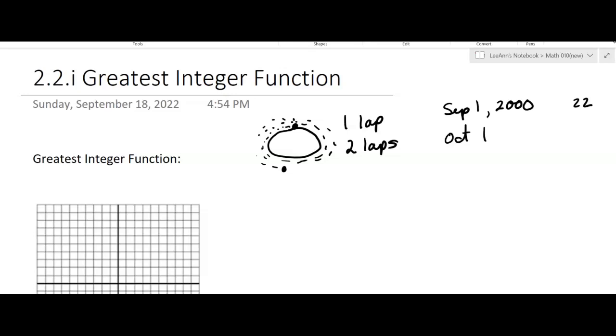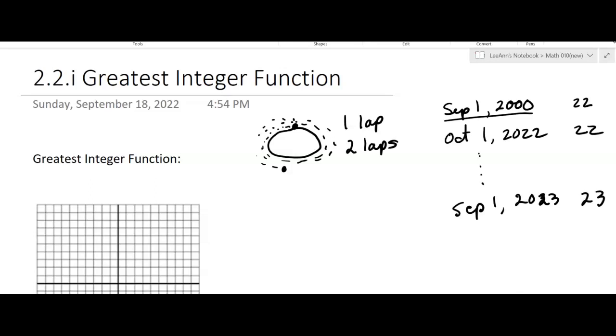So I'm saying now, October 1st, 2022, you're 22 years old. And you say that every month until you get to September 2023, now you have to say you're 23 years old, right?